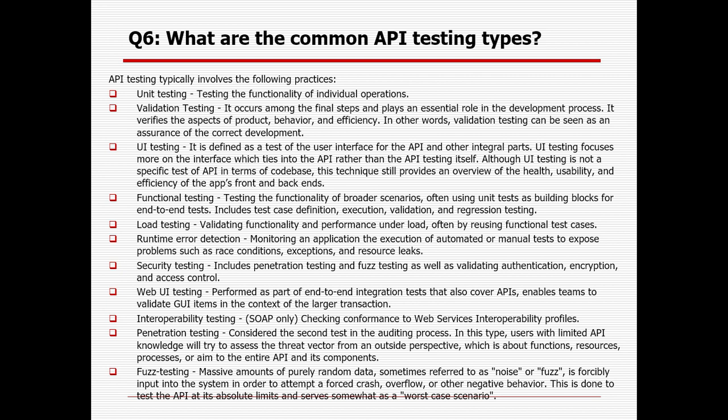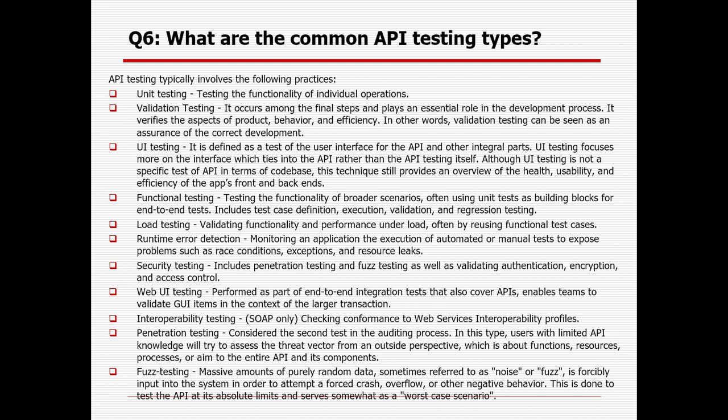Functional testing: testing the functionality of broader scenarios, often using unit tests as building blocks for end-to-end tests. It includes test case definition, execution, validation, and regression testing. Load testing: validating functionality and performance under load, often by reusing functional test cases.